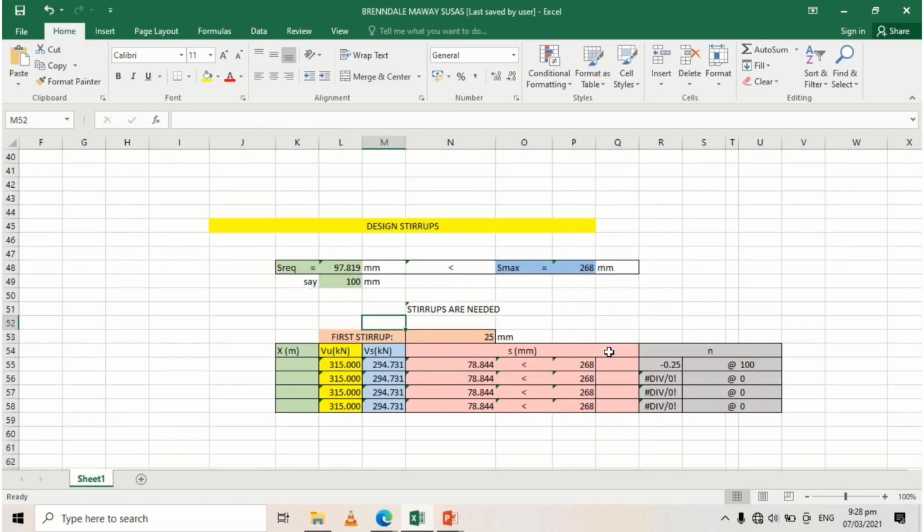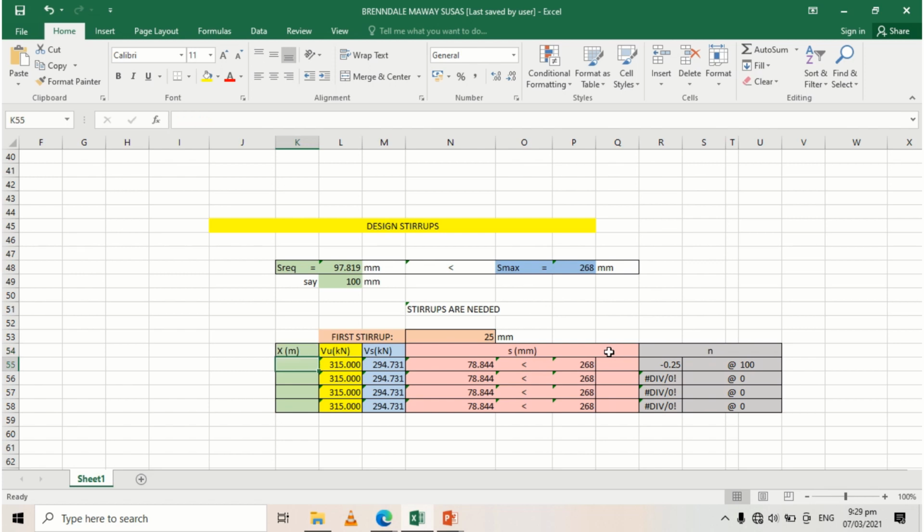So, for first stirrup, as stated in the code, if beam yung dinidesign natin, first stirrup would be located at 0.25 S. So, 0.25 times 100, that's 25 mm.